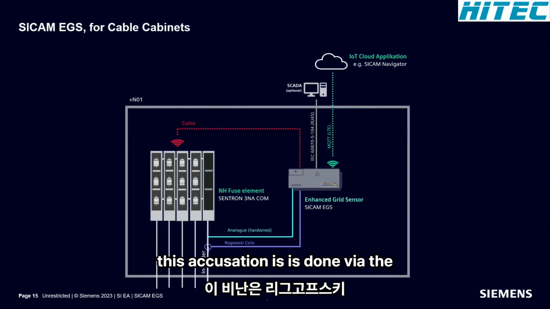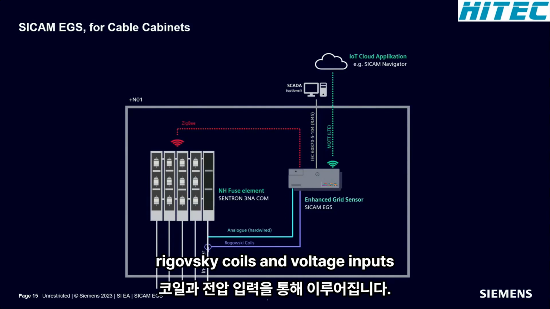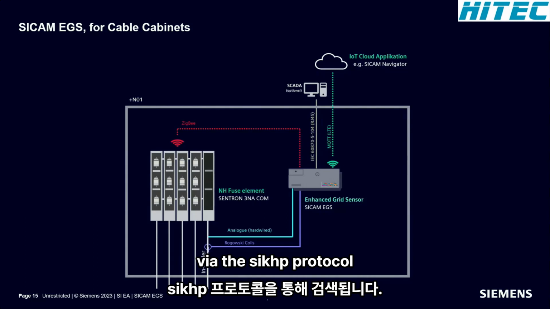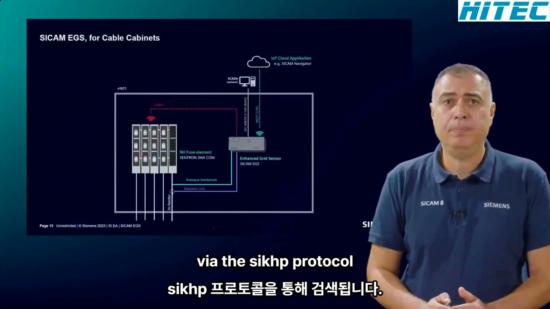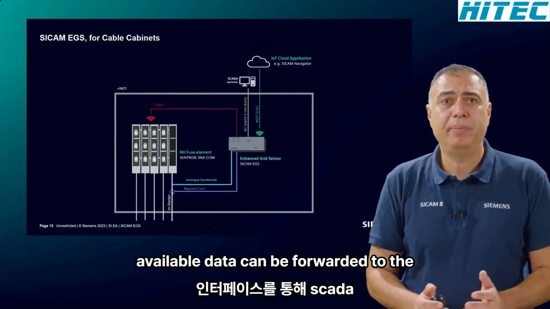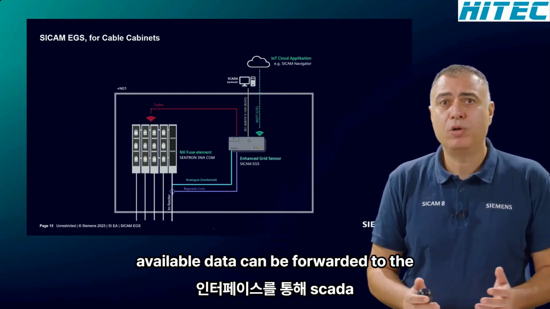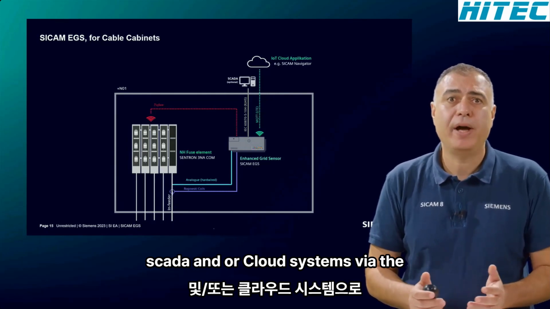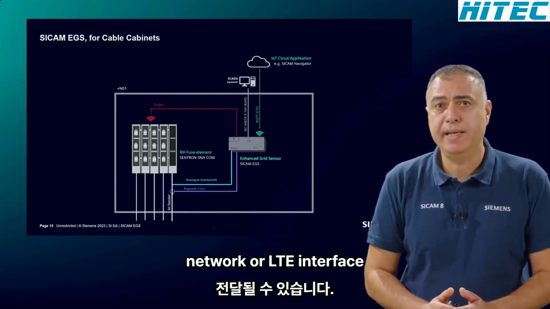This acquisition is done via the Rogowski coils and voltage inputs. Data from the 3NA fuses is retrieved via the Zigbee Protocol. Depending on the customer requirements, available data can be forwarded to the SCADA and or cloud systems via the network or LTE interface.